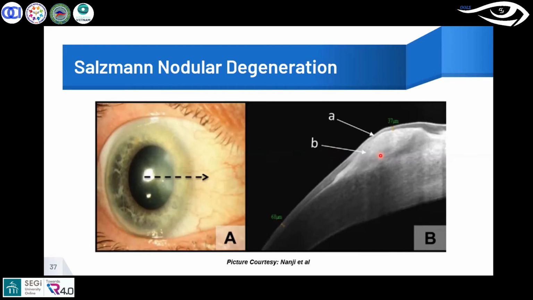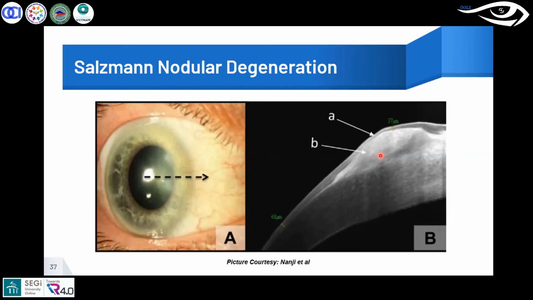Basically when there is trachoma, scarlet fever, measles, or even vernal conjunctivitis, the patient might end up having Salzmann nodular degeneration, in which differential diagnosis can be made using the AS-OCT technique.